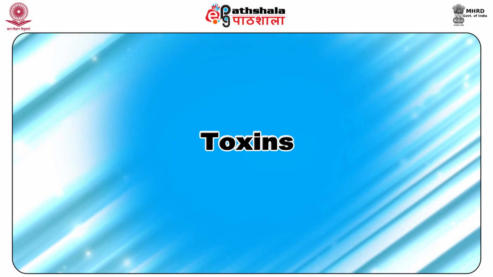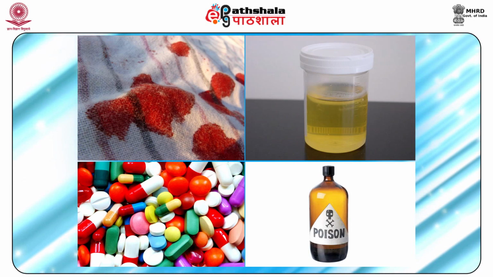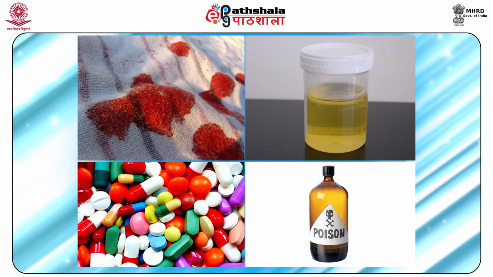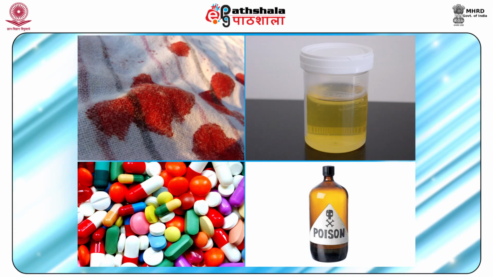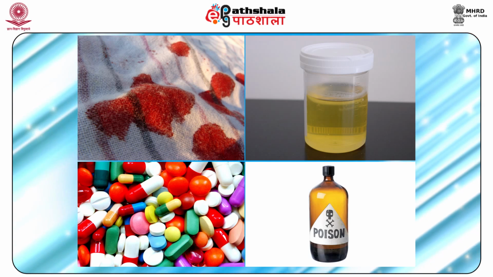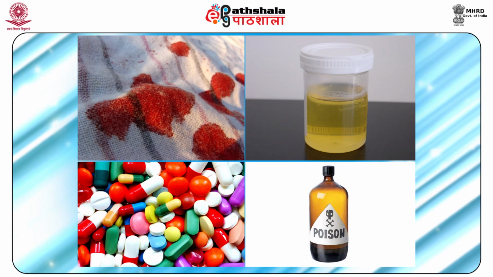Next are toxins. Forensic chemists examine a vast range of evidence such as blood stains, urine, etc., for traces of drugs or poisons.